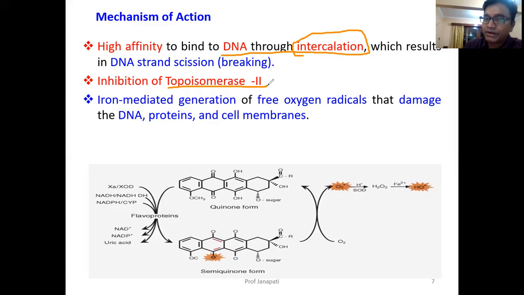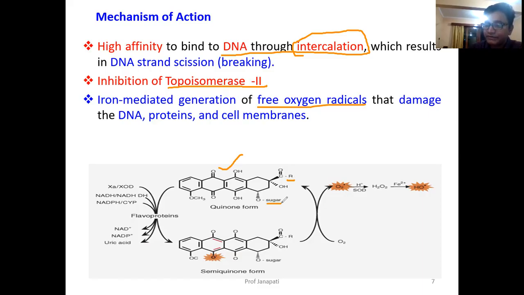Now, one more important mechanism, as well as a side effect, is generation of free radicals. So this is our drug. See, we kept here R, irrespective of drugs, and we kept here sugar.